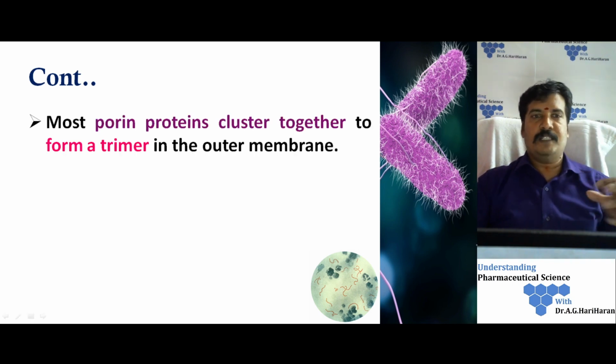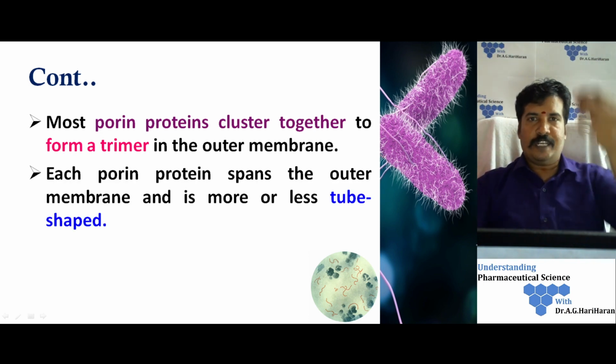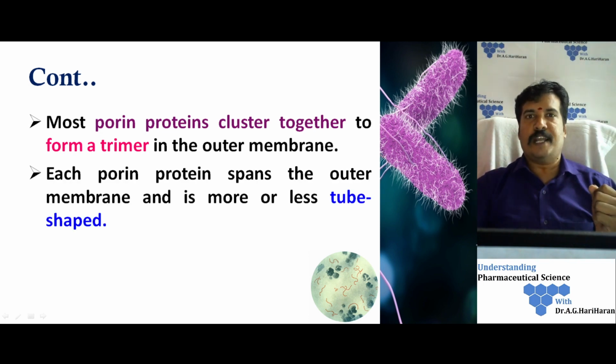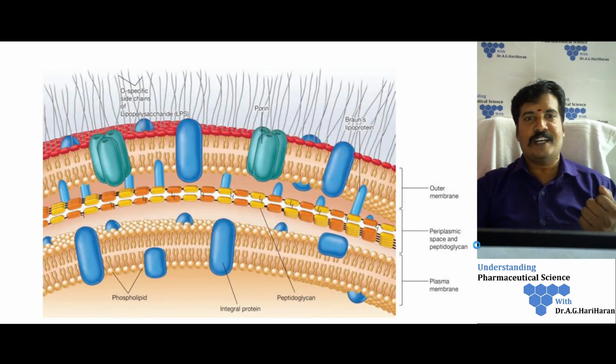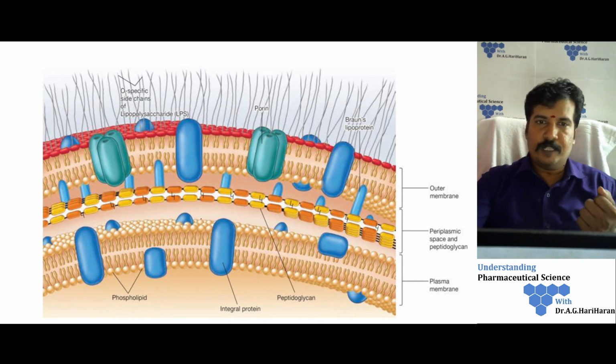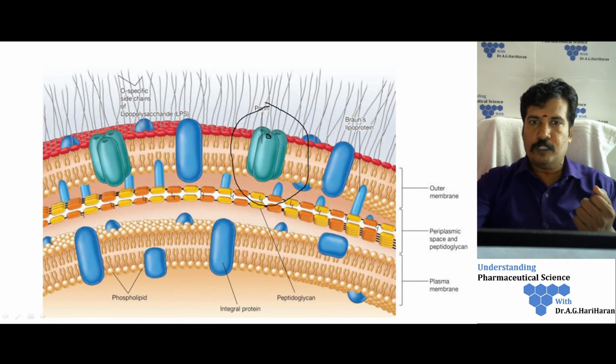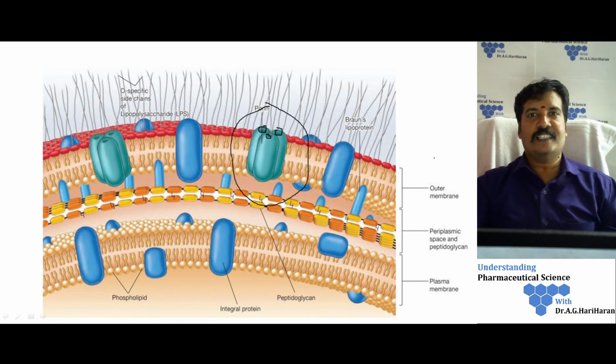Trimer means it is a 3 protein structure carrying a hole, like a tube-like structure which allows the transport of low molecular weight compounds with a molecular weight of around 600 to 700 daltons. So if we see this porin protein here, it is a trimer carrying holes for the transport of these molecules. So I think this lecture will be very helpful for understanding the cell wall of the bacteria.